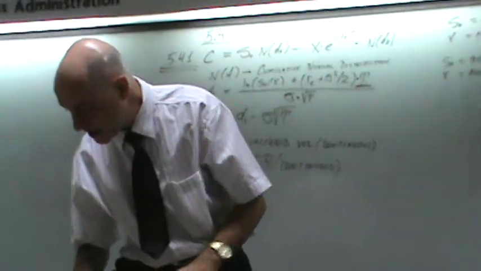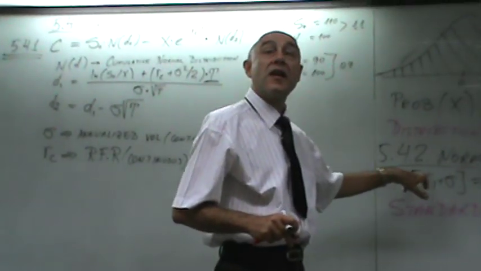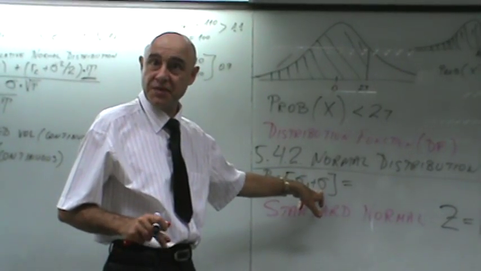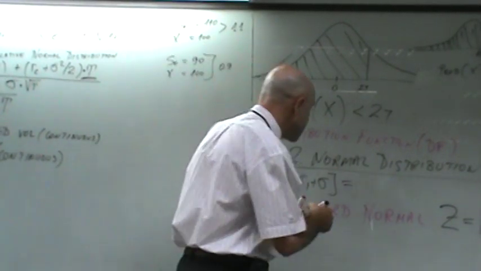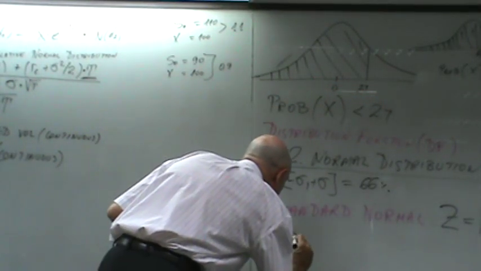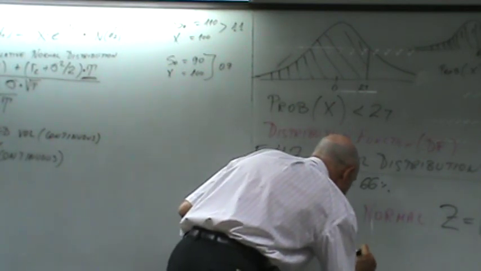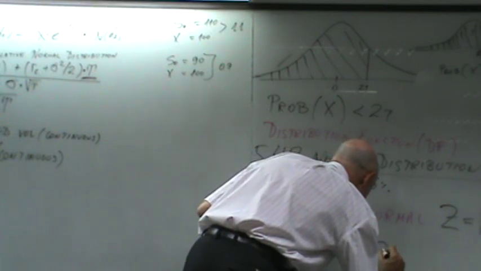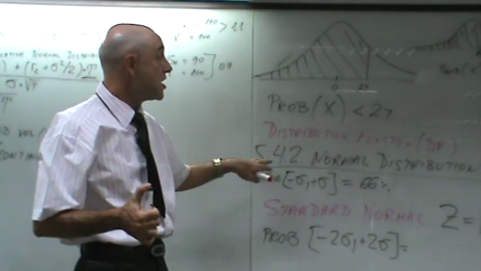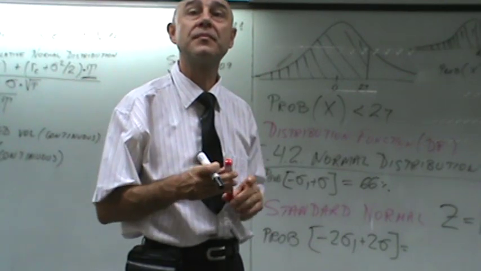Let's try to do this little thing here. The probability of minus sigma to plus sigma, meaning 1 sigma, is going to be 66%. The probability of 2 sigma on the plus side and 2 sigma on the minus side is how much? For 1 sigma, it's 66%. For 2 sigma, it's 95.